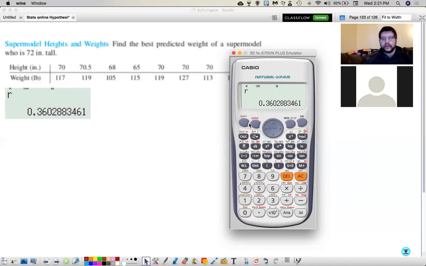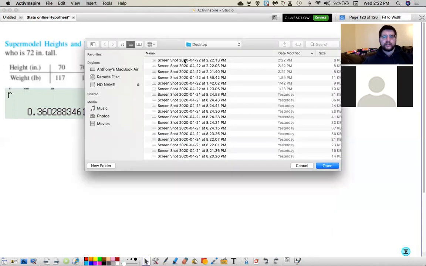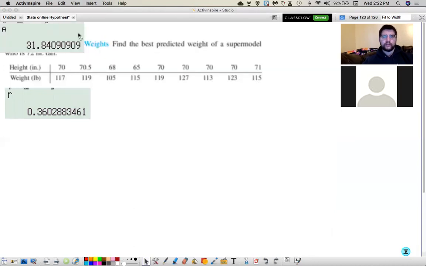Right now, let me go ahead and get my A and my B for my regression equation. So that's A. And that's B. So I'm going to write down my regression equation. Are we going to use it? Maybe, maybe not.